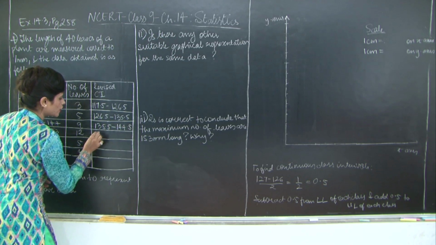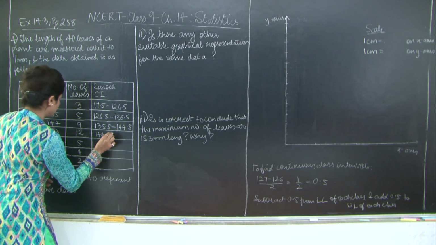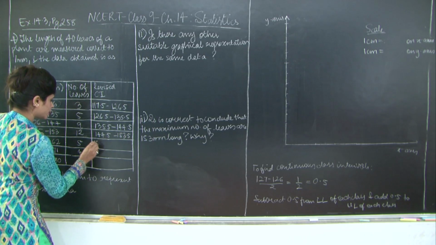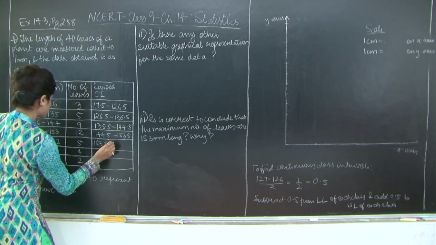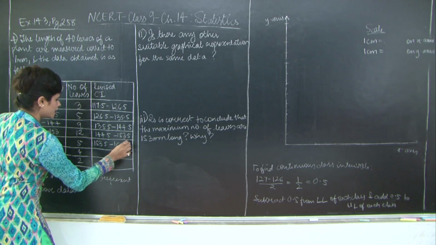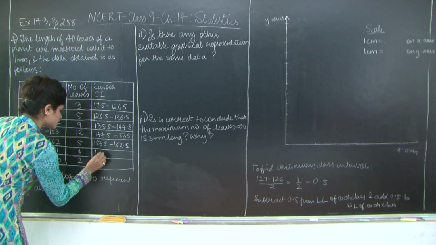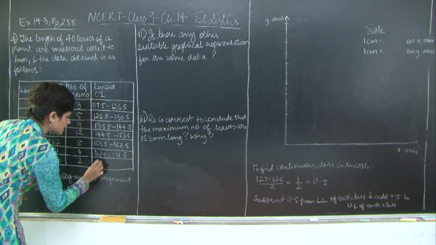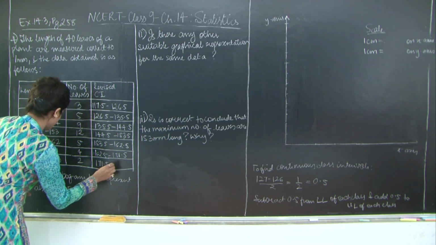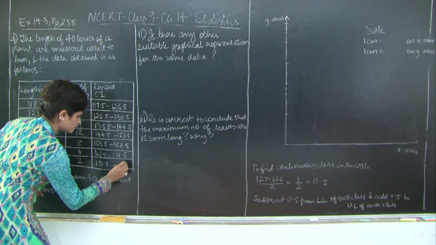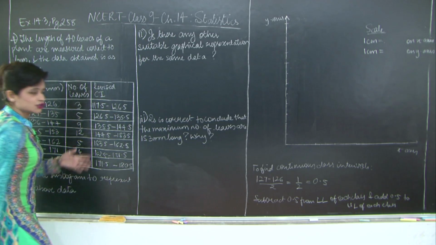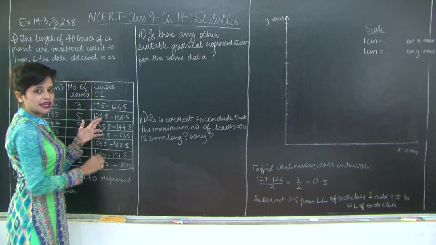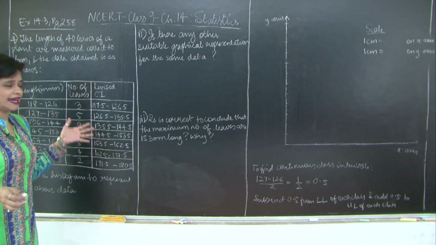Then again 144.5 to 153.5. Then 153.5 to 162.5, 162.5 to 171.5 and finally 171.5 to 180.5. Here again, if you see, the difference between the upper limit and lower limit of each class remains unchanged, that is 8.